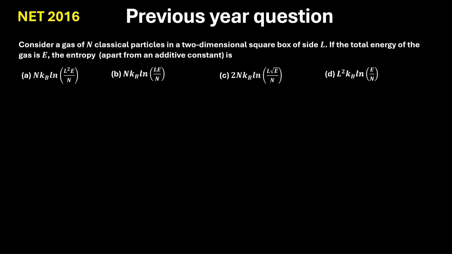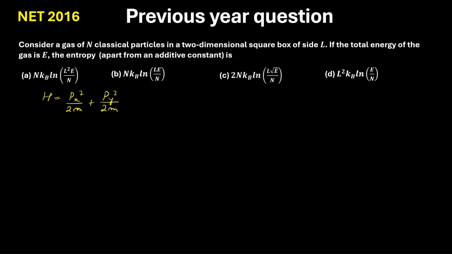So the first thing we have to do here is write the Hamiltonian. So the Hamiltonian will be px square by 2m plus py square by 2m.